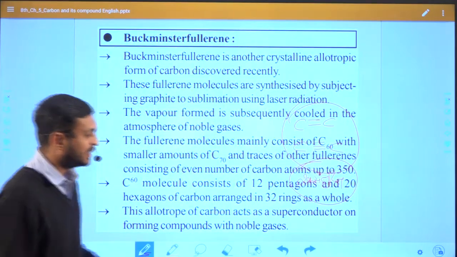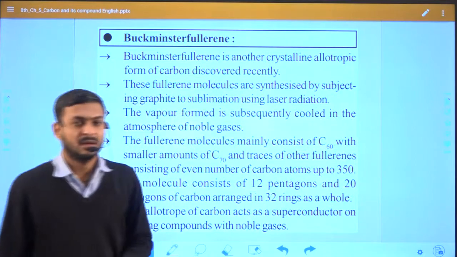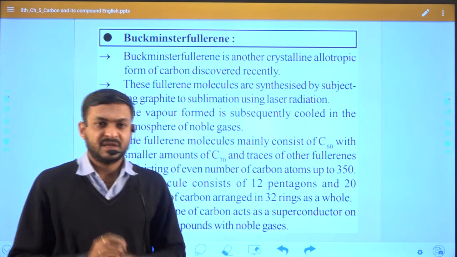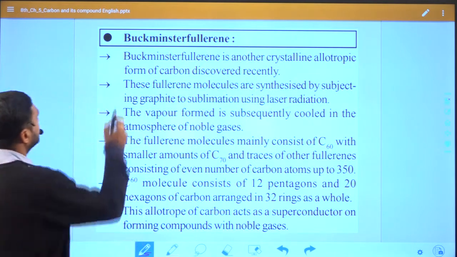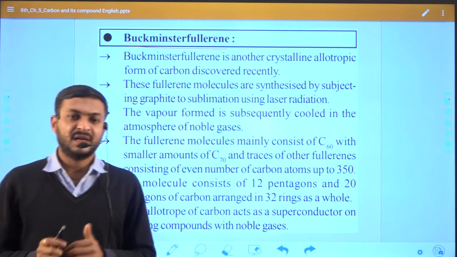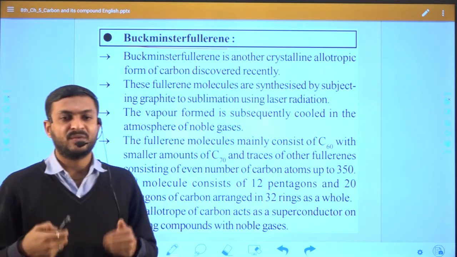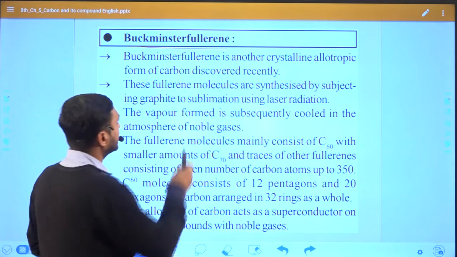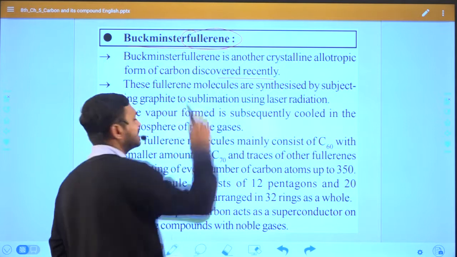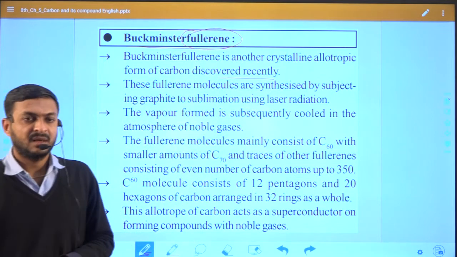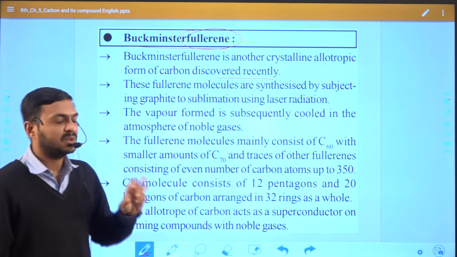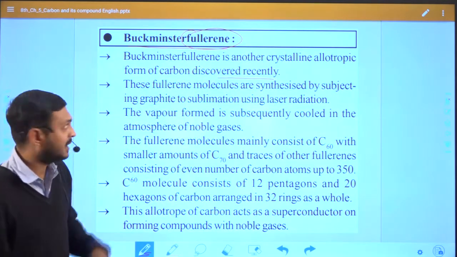You can see here, it is also known as Buckminster fullerene. Buckminster fullerene is another crystalline allotropic form of carbon and was discovered recently. That means fullerene was discovered in the 19th century; it was not known before that.